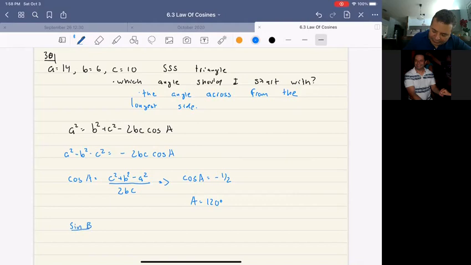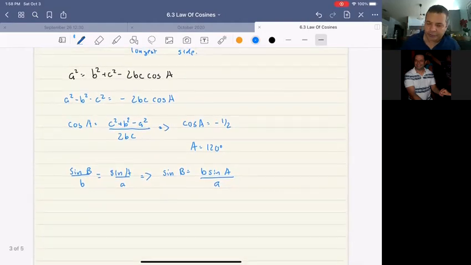Sine of B over b should equal sine of A over a. So that tells me sine of B equals b sine of A over a. Remember, I'm using this information together with now this information.